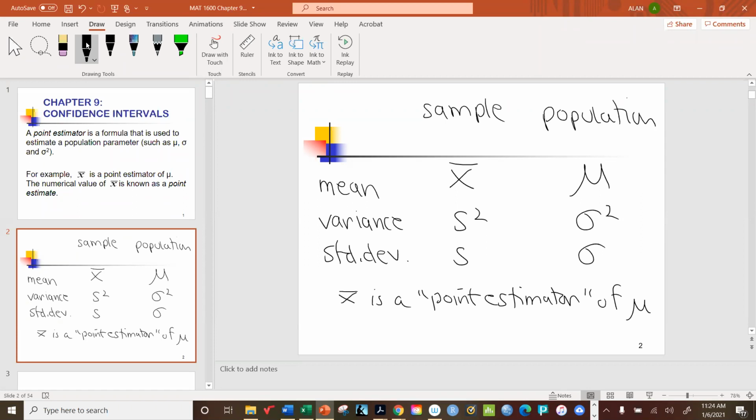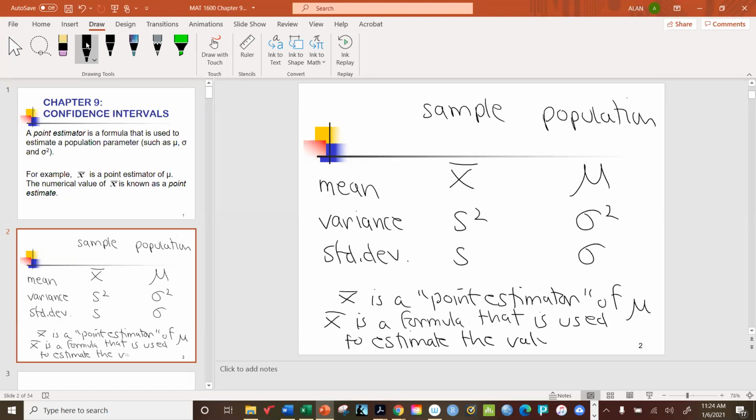And what that means is that x bar is a formula that is used to estimate the value of mu.